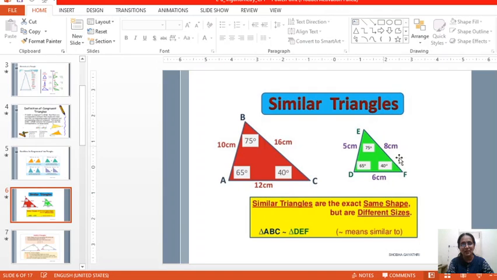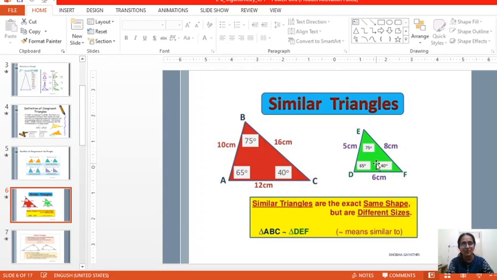You can see 2 triangles here, a green triangle and a red triangle. It's very clear the green triangle is smaller than the red triangle, right? But the corresponding angles are the same. That means these 2 triangles have the same shape and different size.